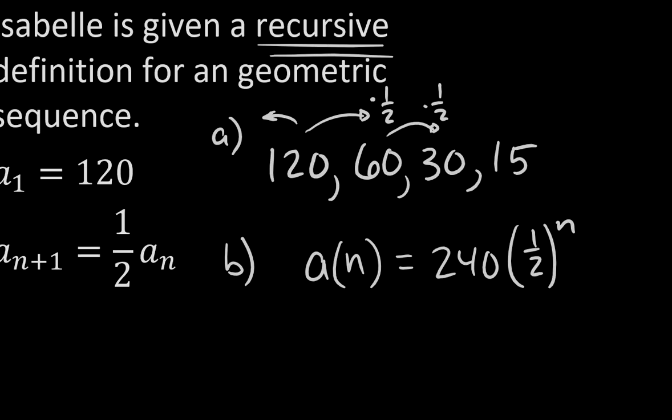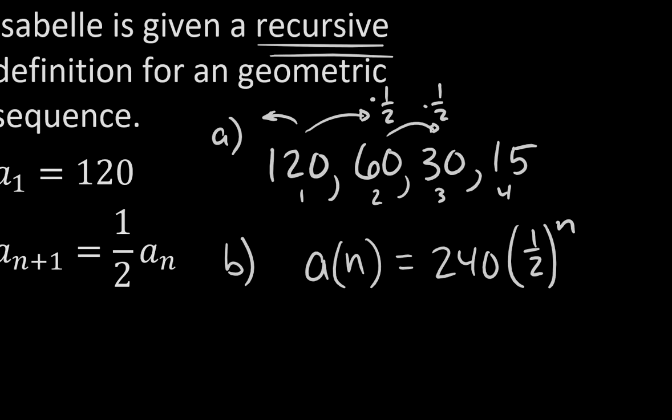If you want to know the first term, you multiply by 1/2 once, n is 1. If you want to know the second term, n is 2, and it's going to be 1/2 times 1/2. So you can see it starts at 240 times 1/2 would give me 120. Times a third factor of 1/2 would give me 30. And then another factor of 1/2, the fourth one, would give me 15.